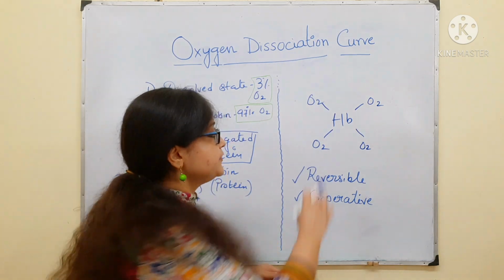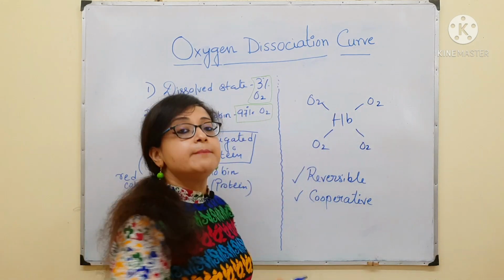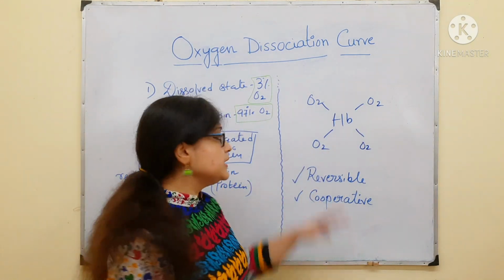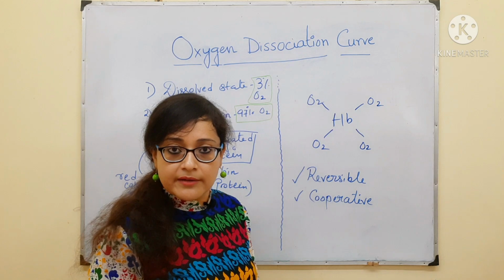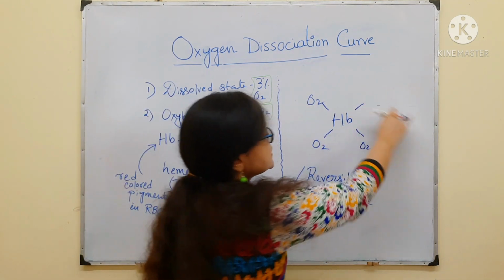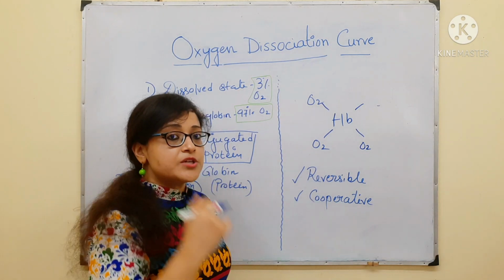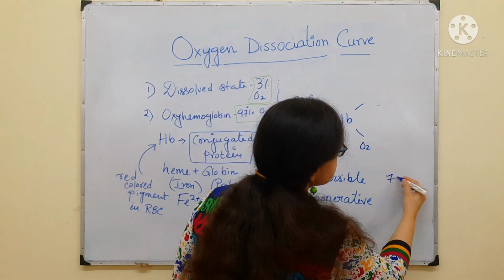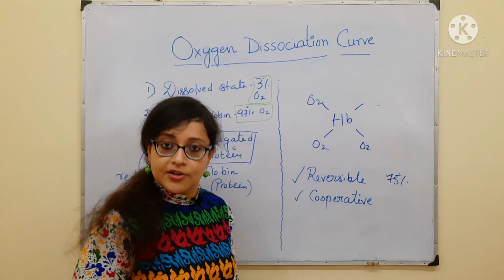If its 4 hands are occupied by 4 different oxygen molecules, this hemoglobin is 100% saturated. Now, let me remove 1 oxygen from here. What is the saturation level? Then it is known as 75% saturated.